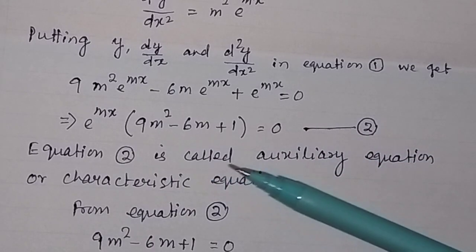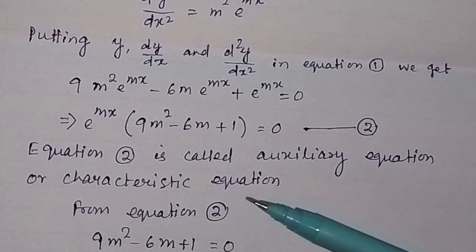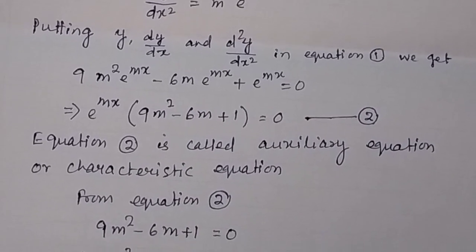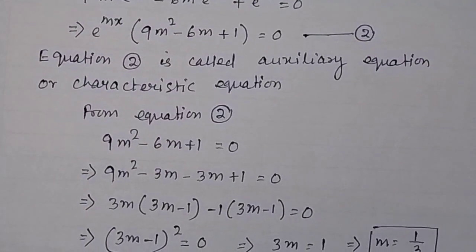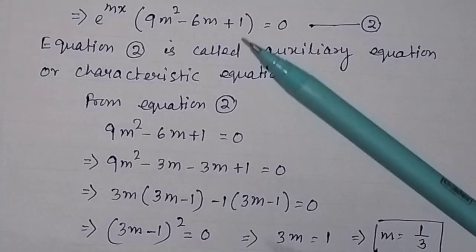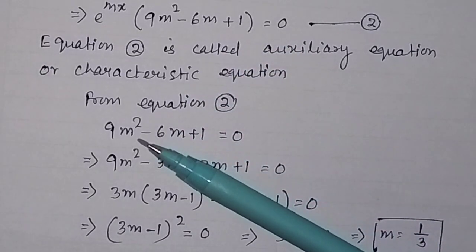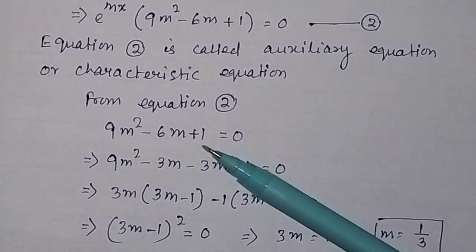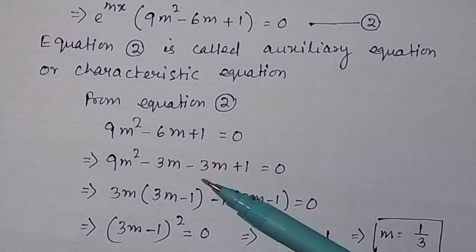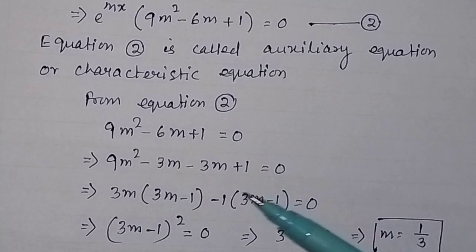Remember, equation 2 is called the auxiliary equation or characteristic equation, and if you solve it, then you can find the roots of the equation. The auxiliary equation, which is quadratic, is 9m square minus 6m plus 1 equal to 0. So 9m square minus 3m minus 3m plus 1 equal to 0.